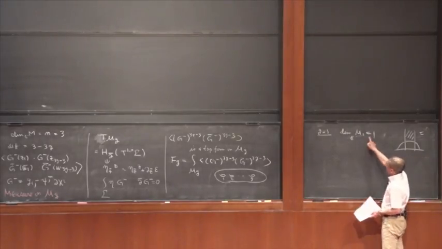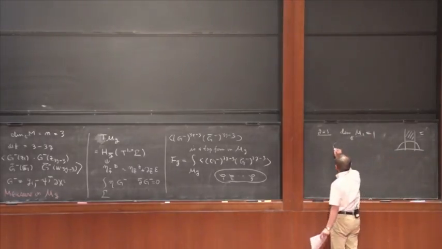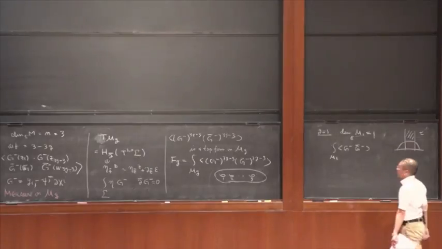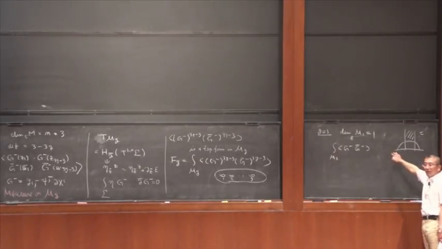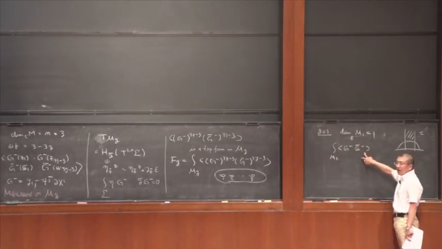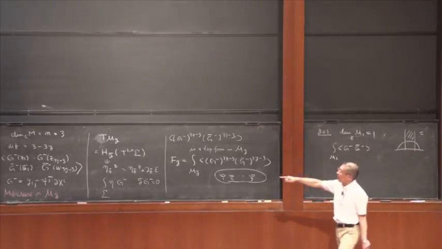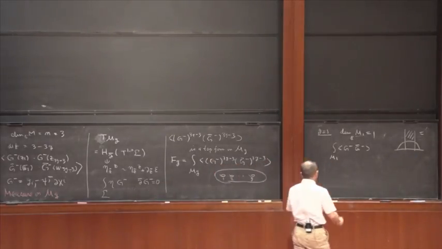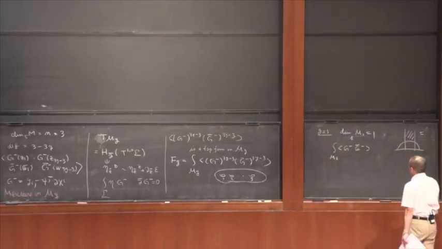So in this case, dimension is 1, so one may naturally try to consider integral of something like this. But it turns out that this gives you 0. Because on torus, actually, the net number of supercharge is equal to 0. So net number of fermionic 0 mode is 0.